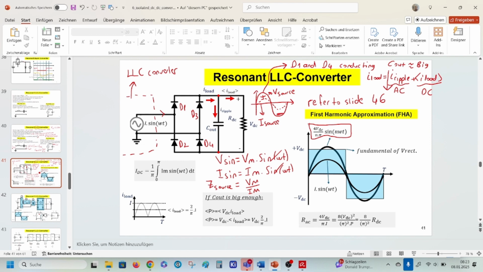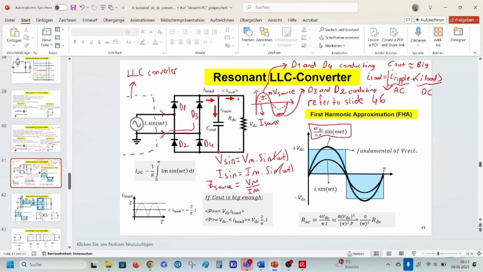And what happens during the negative portion of the sine wave? In this case, the current will flow over Q3, likewise with the plus portion, and here we see the output current.